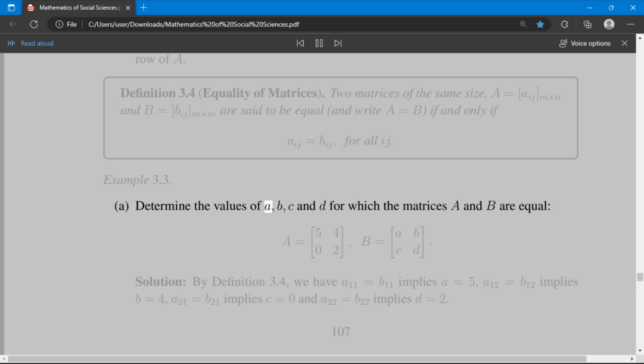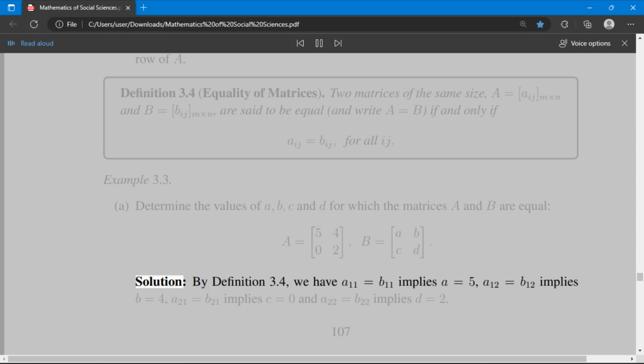Example 3.3. A. Determine the values of a, b, c and d for which the matrices A and B are equal. A equals 5 4, 0 2, B equals a b, c d.